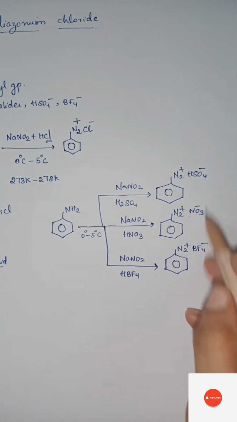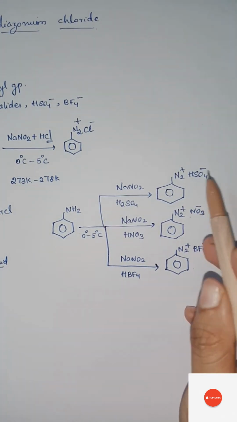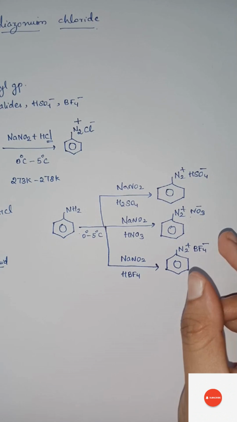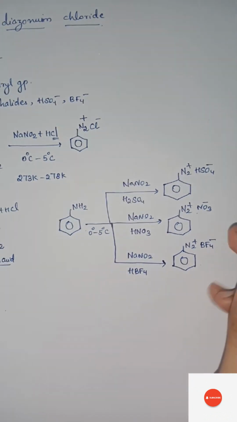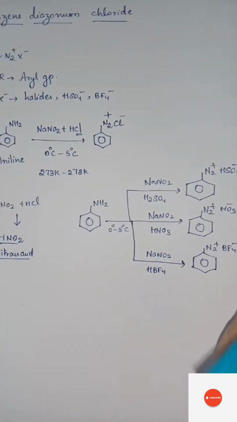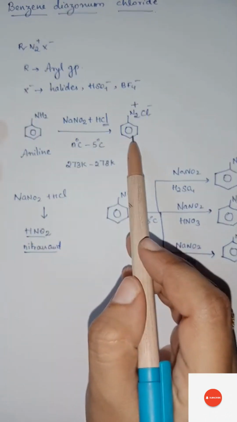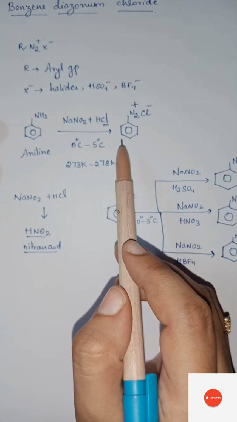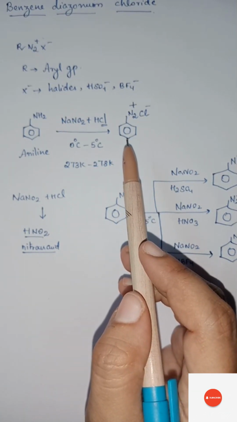So like this we can prepare diazonium salts. Here the anion doesn't matter, only the benzene diazonium is very important. So primary aromatic amines, when treated with nitrous acid, give benzene diazonium salt, and it is stable only at 0 to 5 degrees Celsius.